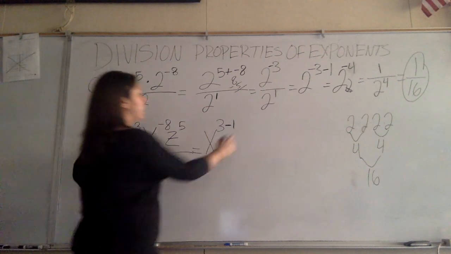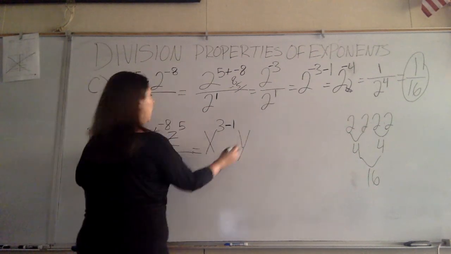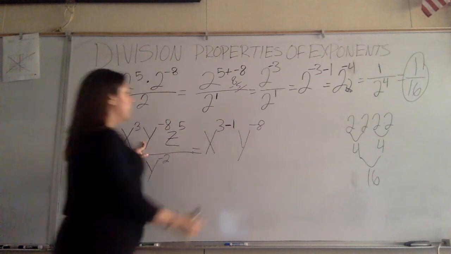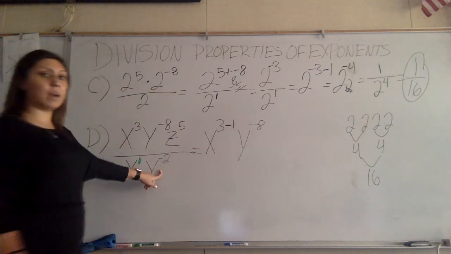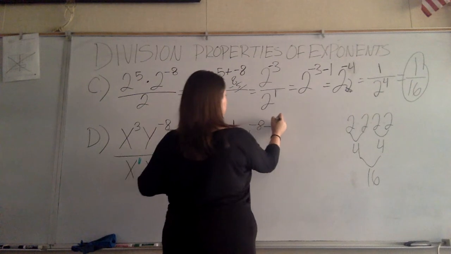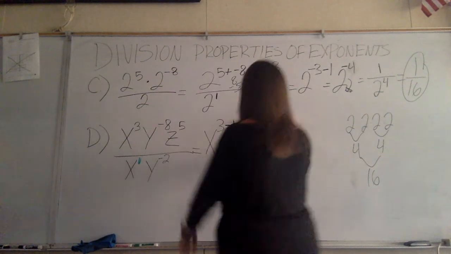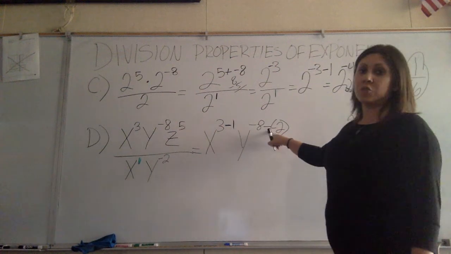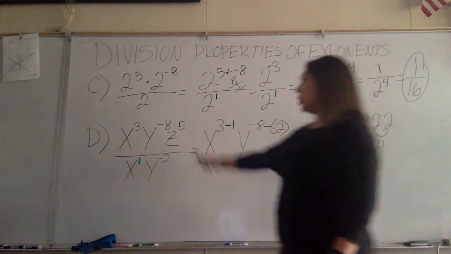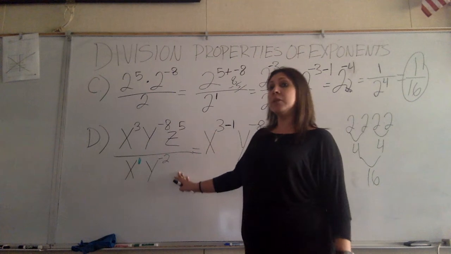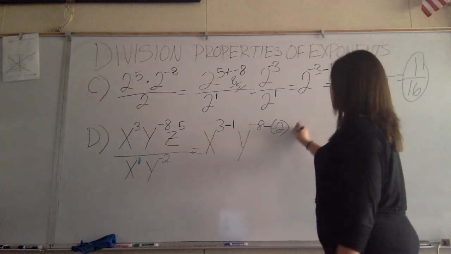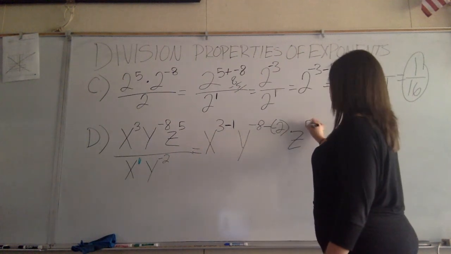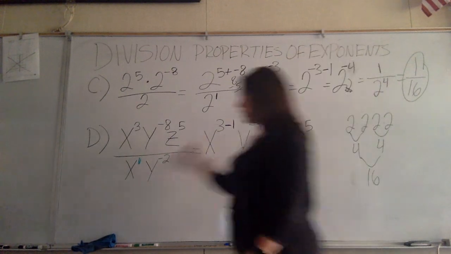I have my Y. I have a negative 8, and I'm going to subtract a negative 2. So subtract negative 2. Put the negative 2 in parentheses so that you don't confuse it with this extra negative. Do I have 2 z's? I don't. So I'm going to leave the z by itself, and I'm going to give it a 5, which is what it had.